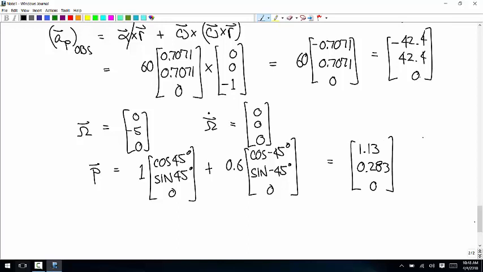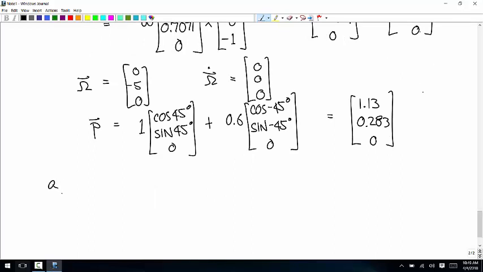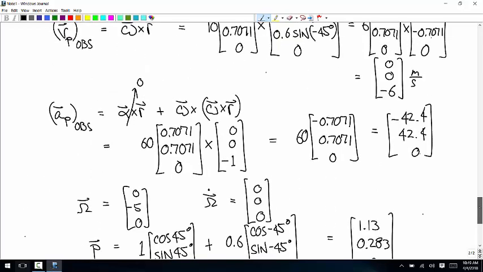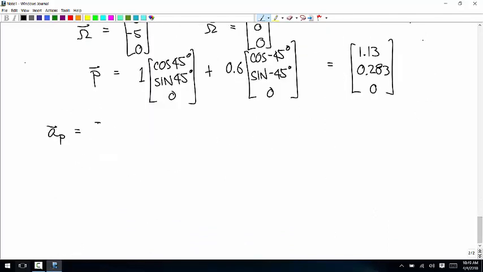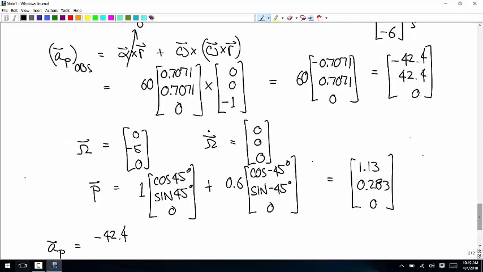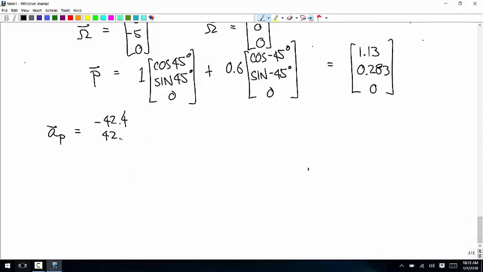And now we have everything we need. So the acceleration of P is equal to the observed acceleration, which is negative 42.4, positive 42.4, 0. Plus capital omega dot cross P, and that goes away.